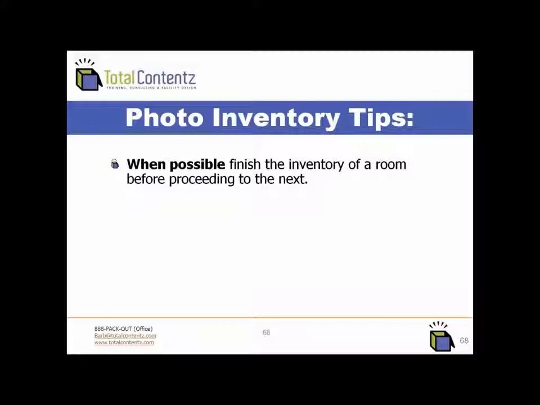Meanwhile, the packers are coming behind, and you've got all your labels prepared for that bed and all the components. Now the packers are going to wrap and pack every item and put the appropriate inventory sticker on the outside of the packaging material. Meanwhile, the inventory team is in the next room, and it might be the dining room, where they're going to inventory the table and chairs, and then the packers will come behind them and wrap those items. So that is a way that I do recommend starting out each job.